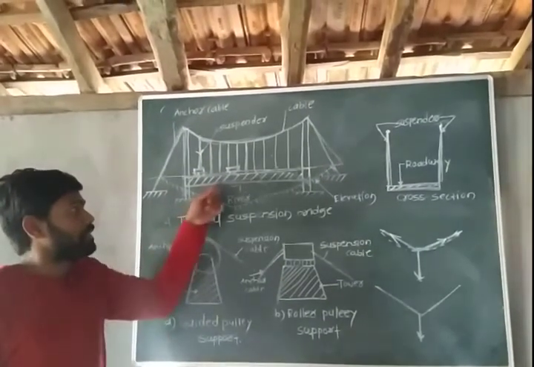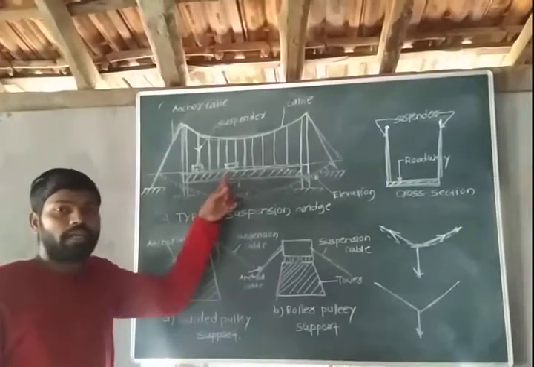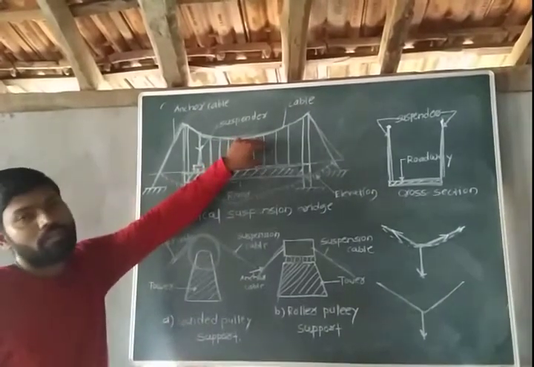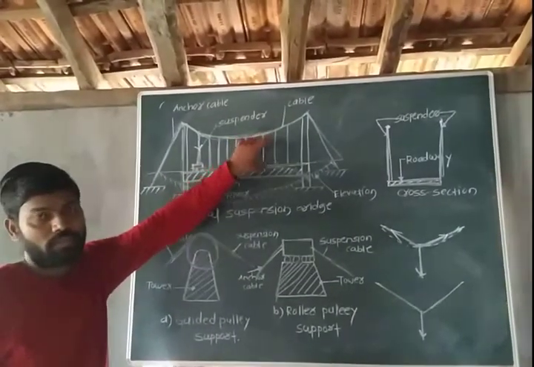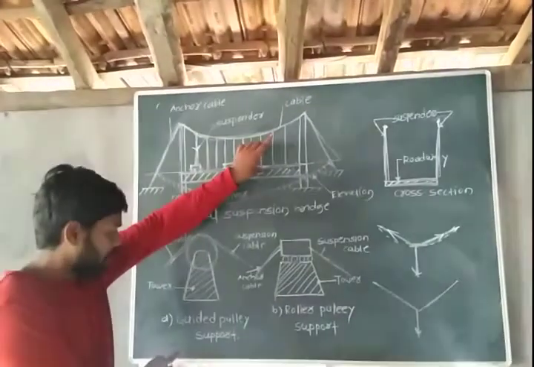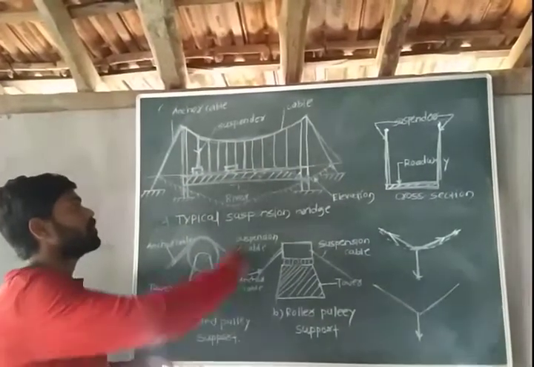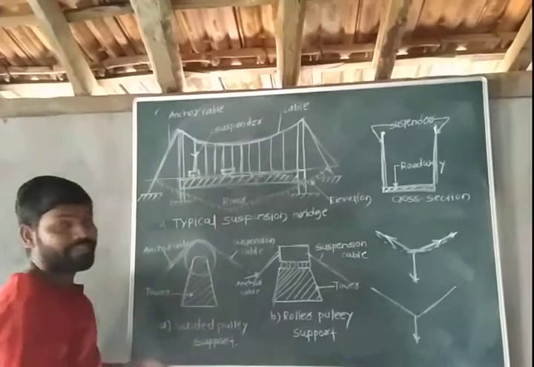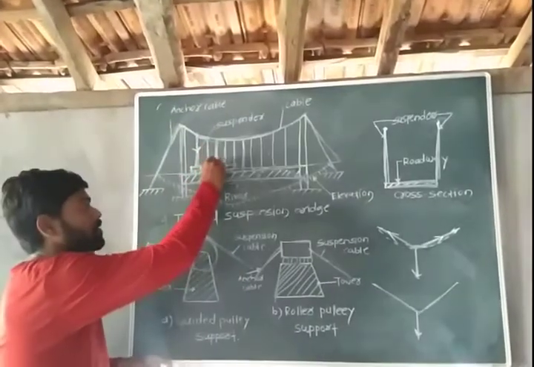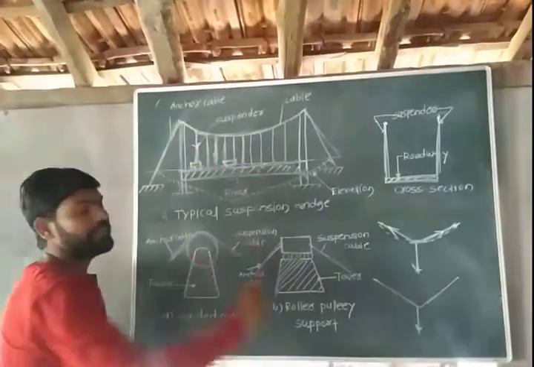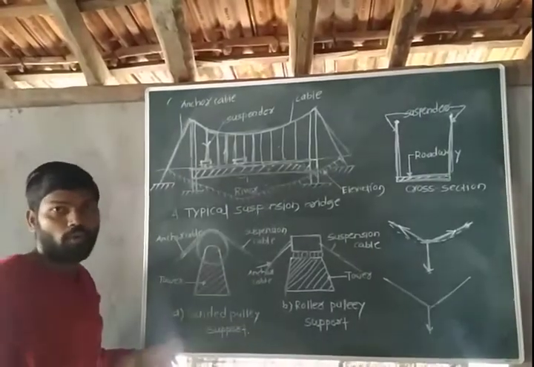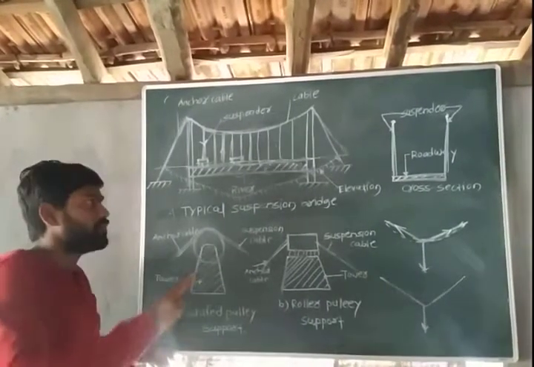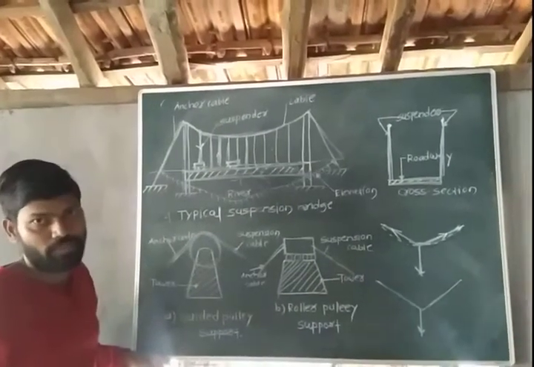Now this stiffening girder provides stiffness to the suspension bridge, whereas the suspenders reduce the bending moment in the stiffening girder. Both are complementary to each other, stiffening girder as well as suspension cable.